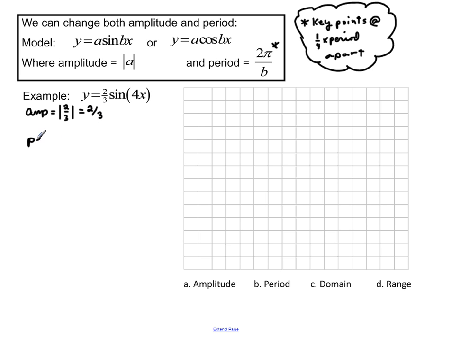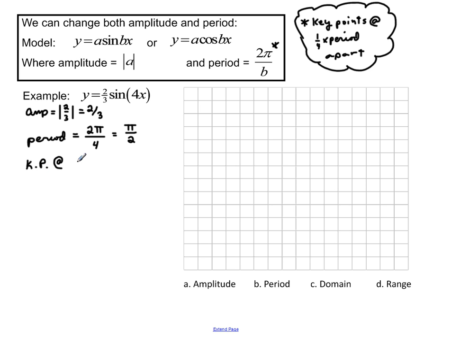Period. The period of this function is going to equal 2 pi divided by b. Well, in this case, 2 pi over 4. That reduces to pi over 2. So pi over 2 is the increment that we're going to be dealing with. But we also want to get how far apart our key points are within one cycle of the graph.